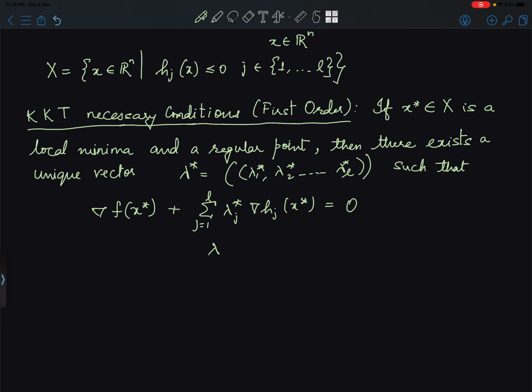And λ_j* h_j(x*) equals 0, and λ_j* is greater than or equal to 0 for all j belonging to 1 till L.